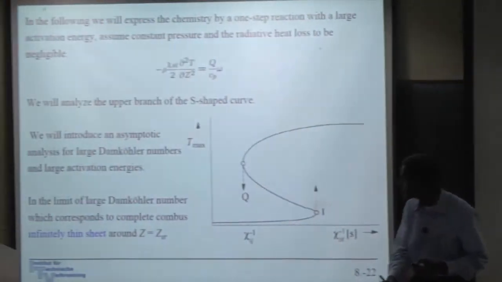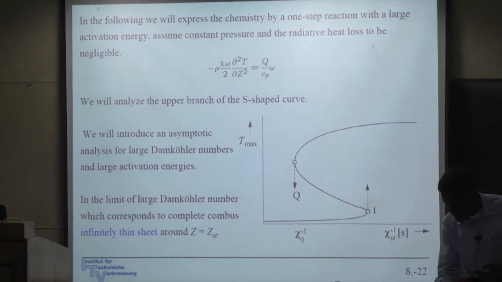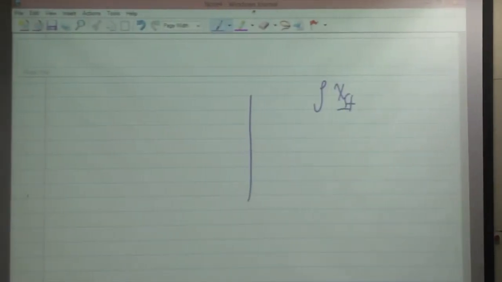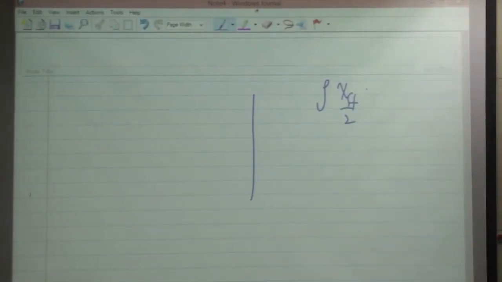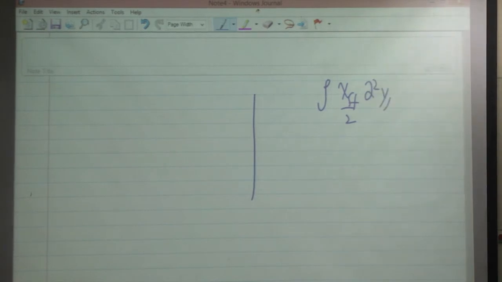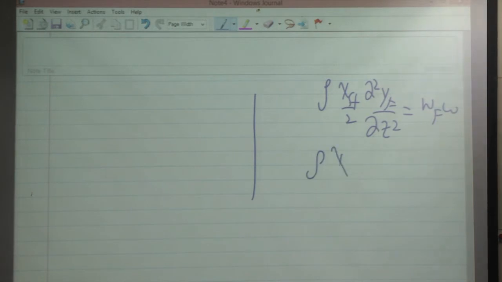For example, the equation for the fuel will look something like rho chi_st over 2 d squared Y_F over dZ squared equals W_F omega. That's with a positive sign because fuel is consumed.